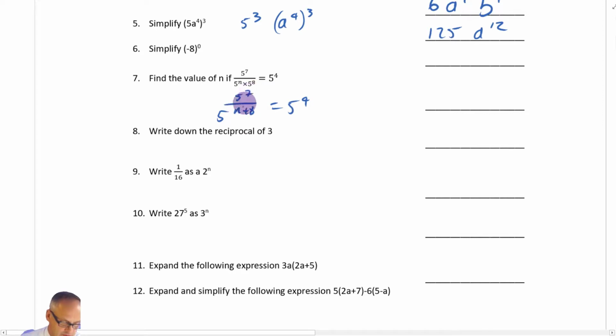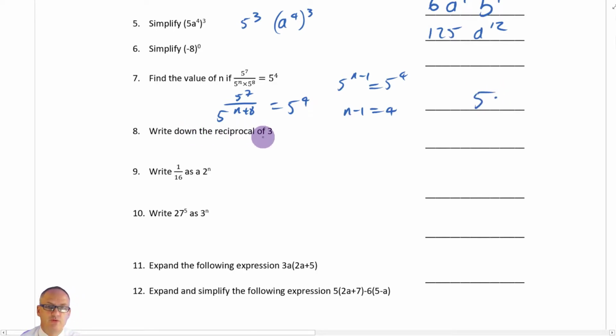Now we're going to subtract the indices here. So you've got 7 minus n minus 8, or 7 minus 8 is minus 1. So what we get on the left-hand side is 5 to the n minus 1 equals 5 to the 4. So n minus 1 must equal 4. So n must equal 5.